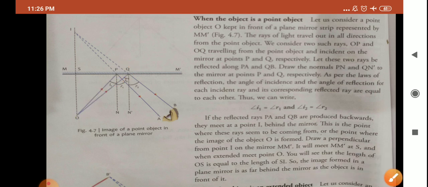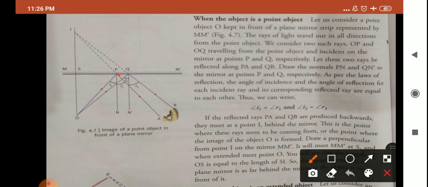Let these two rays be reflected along PA and QB. Draw normals PN and QN dash to the mirror at points P and Q respectively. As per the laws of reflection, the angle of incidence and angle of reflection for each incident ray and its corresponding reflected ray are equal.